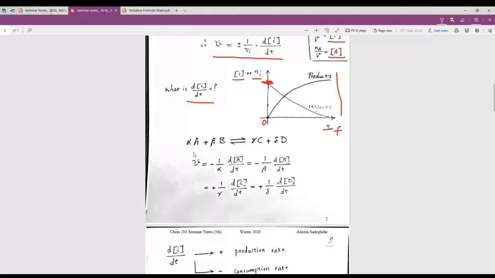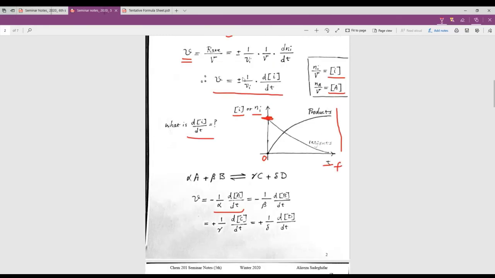If we go back to this reaction again, as just an example, and write the equation for the rate law in terms of the time derivative, then let's write the general rate law of this reaction in terms of the change in the concentration of A. We follow this equation, right?